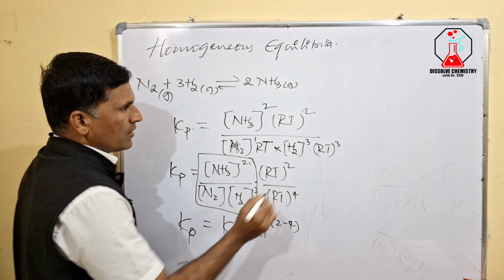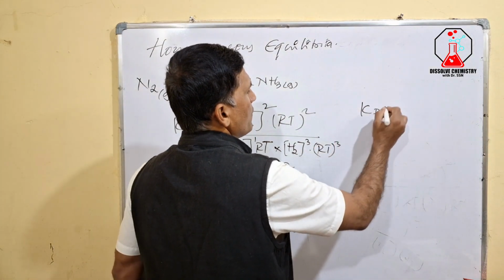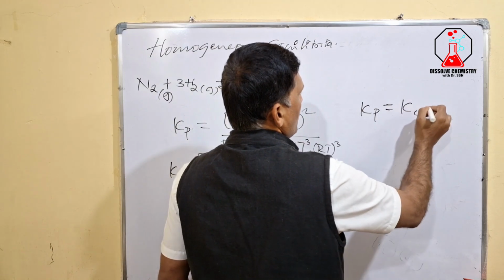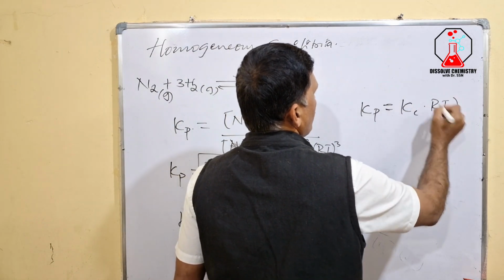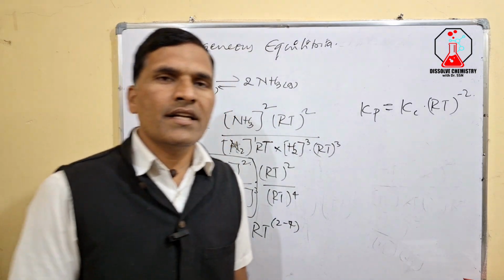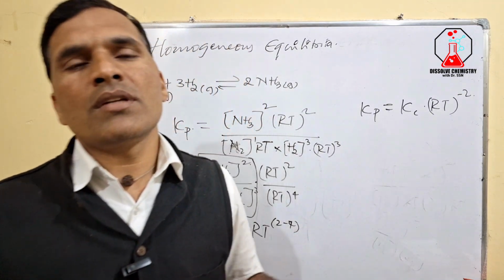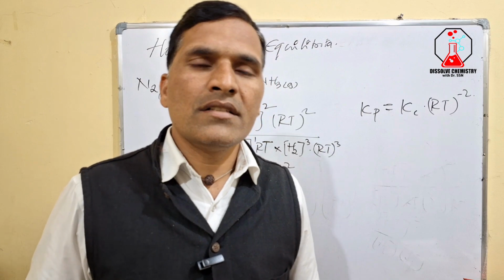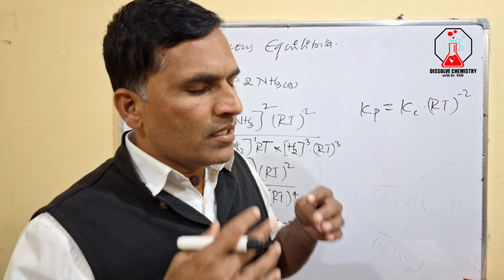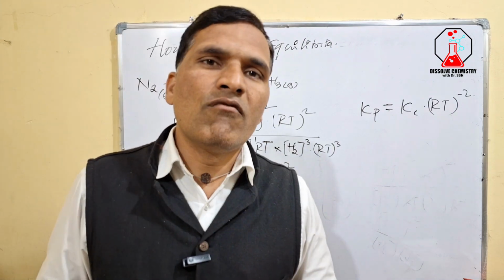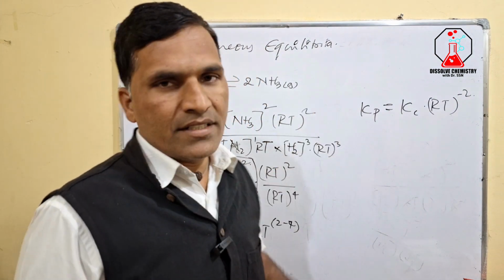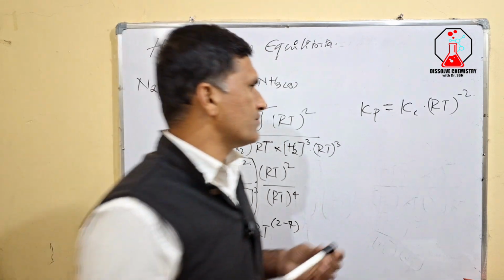So for the formation of ammonia, Kp is equal to Kc into RT raised to the power minus 2. What does it indicate? Kp is not always equal to Kc for all reactions involving gaseous reactants and products. So we will derive the general form for Kp and then generalize it.